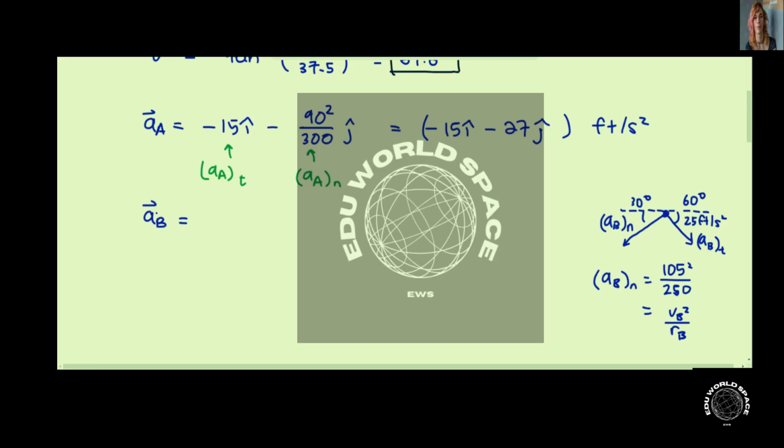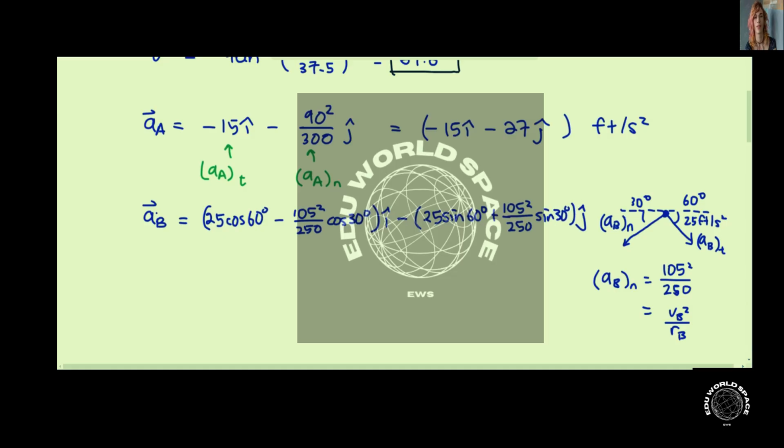Based on the diagram, we can write down the acceleration of car B in vector form, which is 25 cosine 60 degrees minus 105 squared divided by 250 cosine 30 degrees for the i hat, and then for the j hat, negative 25 sine 60 degrees plus 105 squared divided by 250 sine 30 degrees.